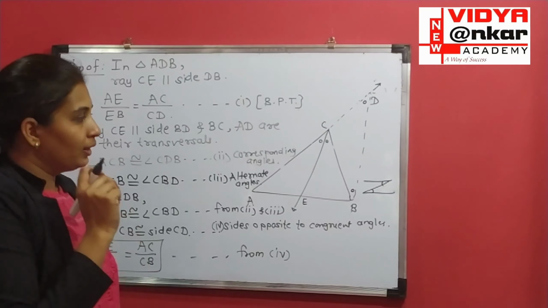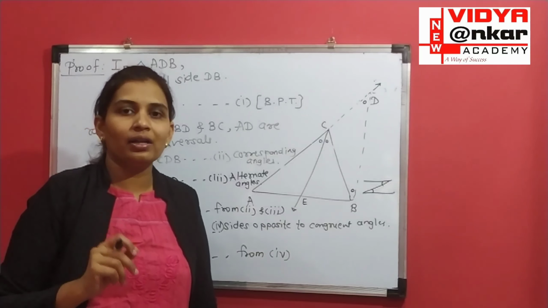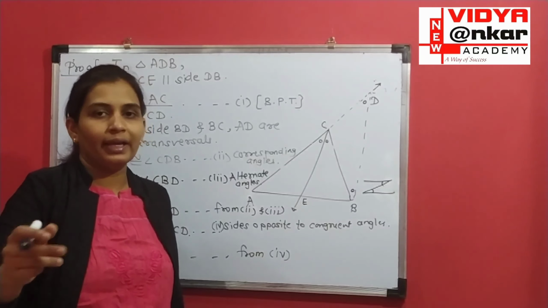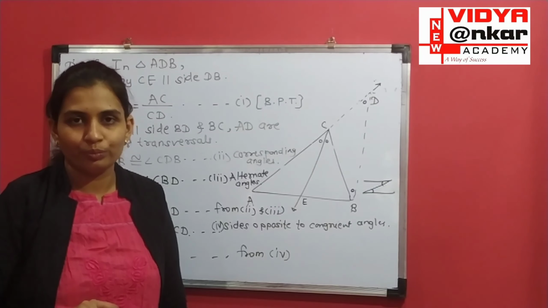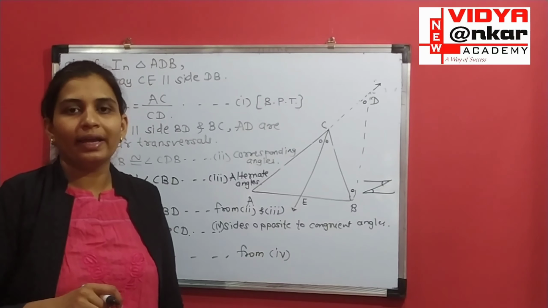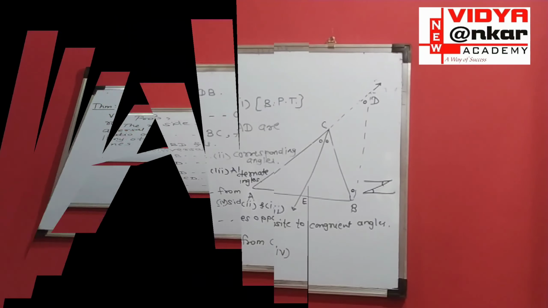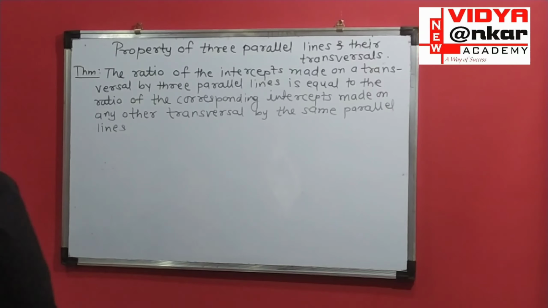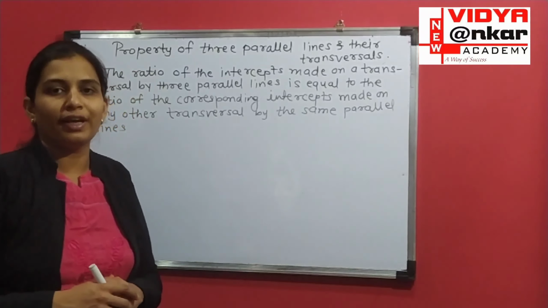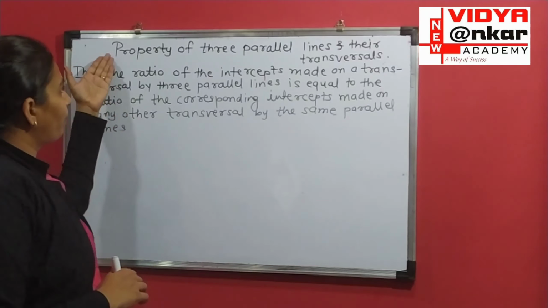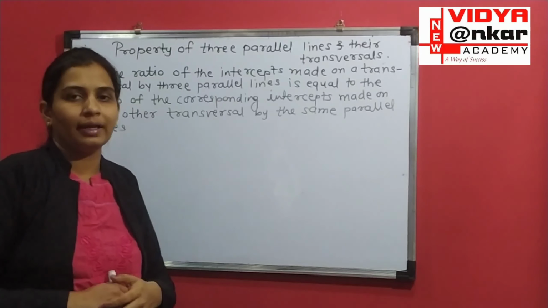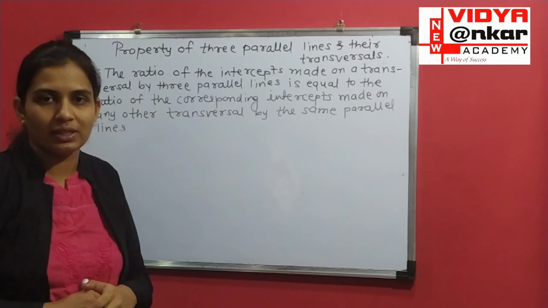Now students, these two theorems are also very important for exercise 1.2, and these can be asked in your examination. So this is a very important theorem, the angle bisector theorem. Now next we have to study about the property of three parallel lines and their transversals.